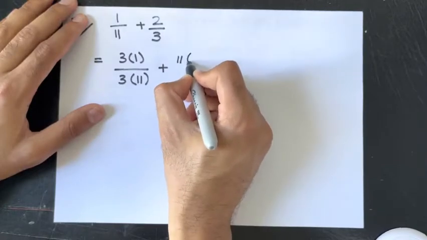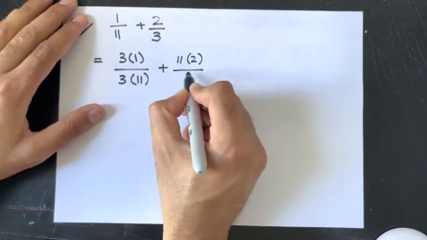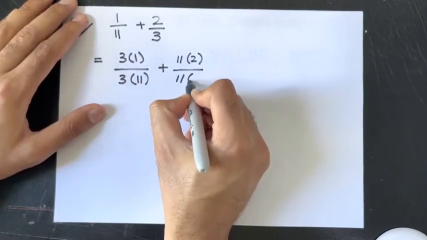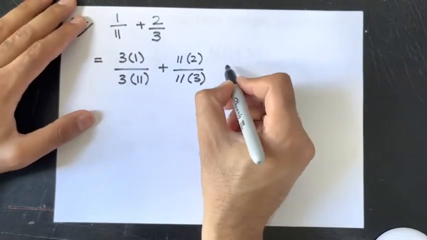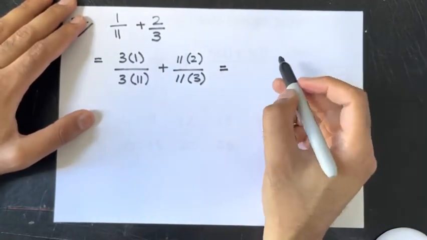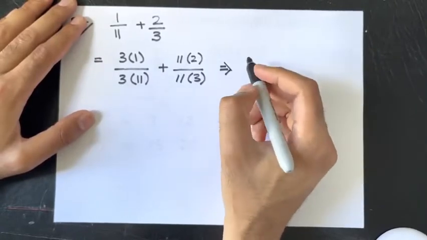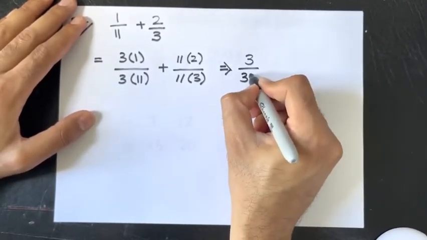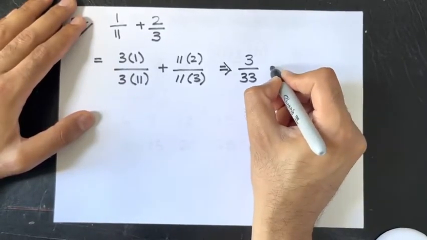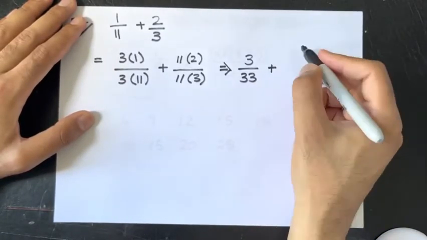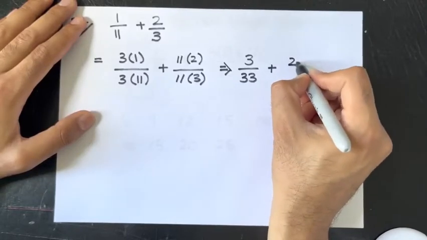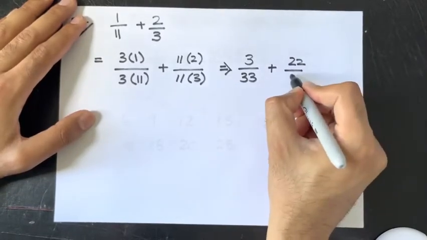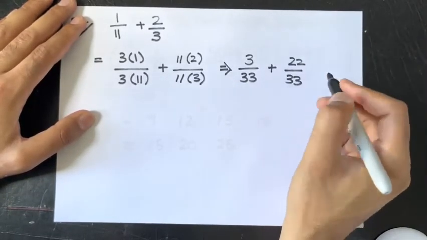So it'd be 11 times 2 plus 11 times 3. We'll work this way. So that'd be 3 over 33 plus 22 over 33.